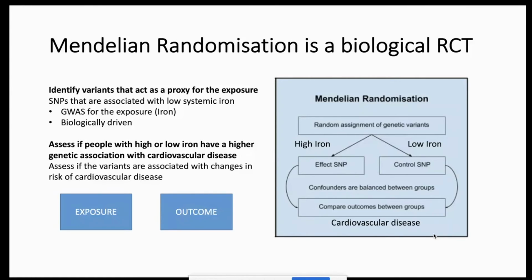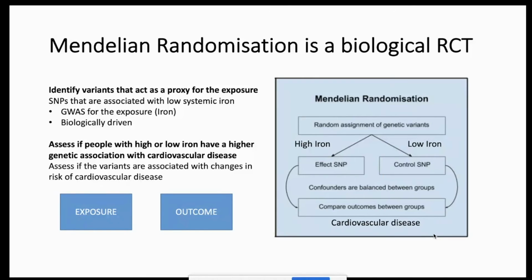Again, we're looking at high iron, and we use a genetic proxy for that exposure. We look at people who have a genetic propensity to a higher systemic iron level. Then we follow them up, and we look at whether people who had that genetic proxy had different rates of cardiovascular disease.